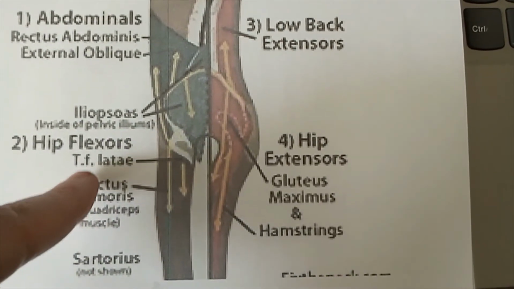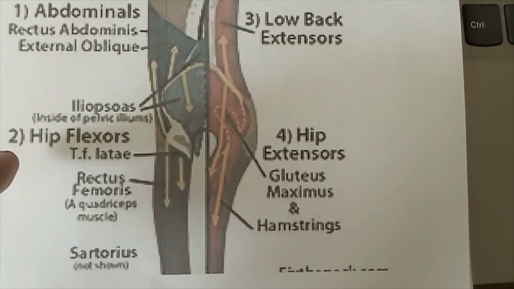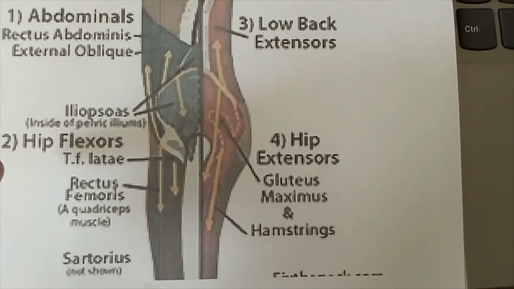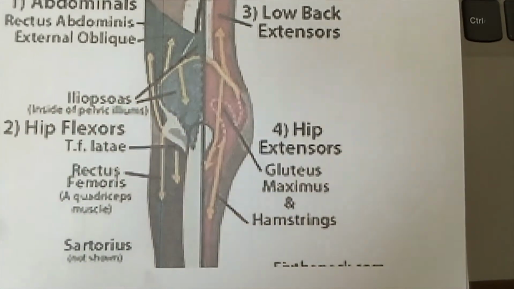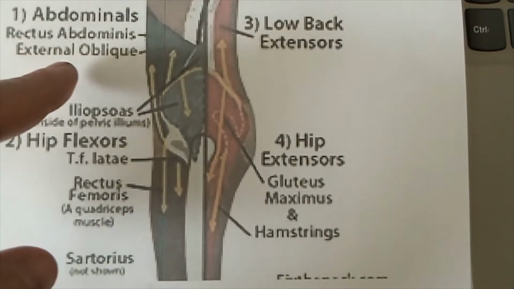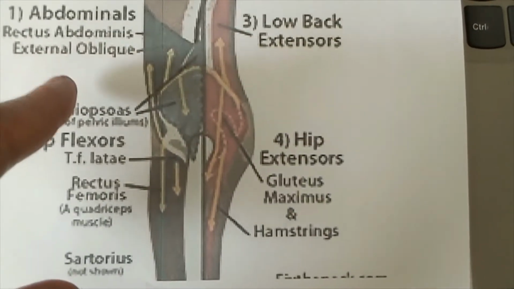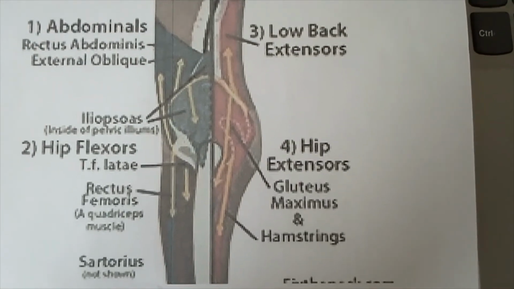Also the tensor fascia latae and the iliopsoas. But also the abdominal muscles such as the rectus abdominis, external obliques, and the low back extensors will be involved.